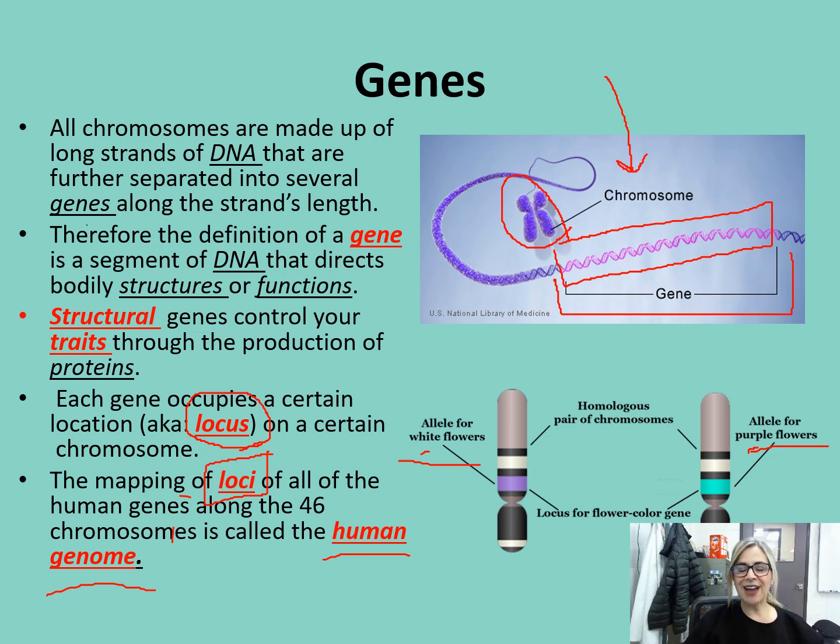And that's going to be the same for all human beings. All human beings have the same human genome, meaning that the traits for every human, the loci are the same for every human on every chromosome. Now, obviously, we're all different because we have our own personal genome, right? Which means, do we make white flowers or do we make purple flowers?